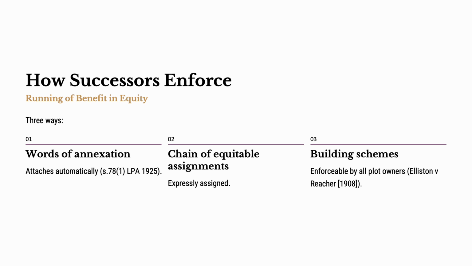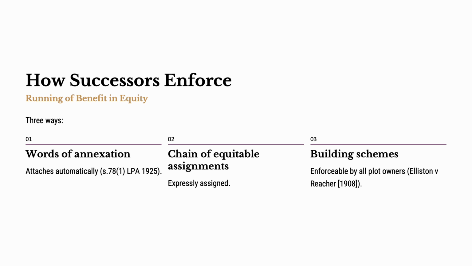The third method involves building schemes, also called schemes of development. These arise where land is divided into plots sold subject to uniform covenants. The example I have given you, not to park a caravan on your parking. So there is a case law, Elliston versus Reacher in 1908, and the requirements are very strict.